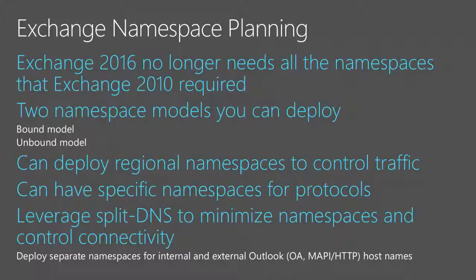You can do things like use regional namespaces if you want to control traffic. I'll show you some examples of that in our preferred architecture. And you can also do things like have specific namespaces for protocols if you want per protocol availability, and I'll show you what that means as well. Ideally, though, whatever model that you use, we want you to use a configuration known as split DNS, and that is where you're using the same names internally and externally.